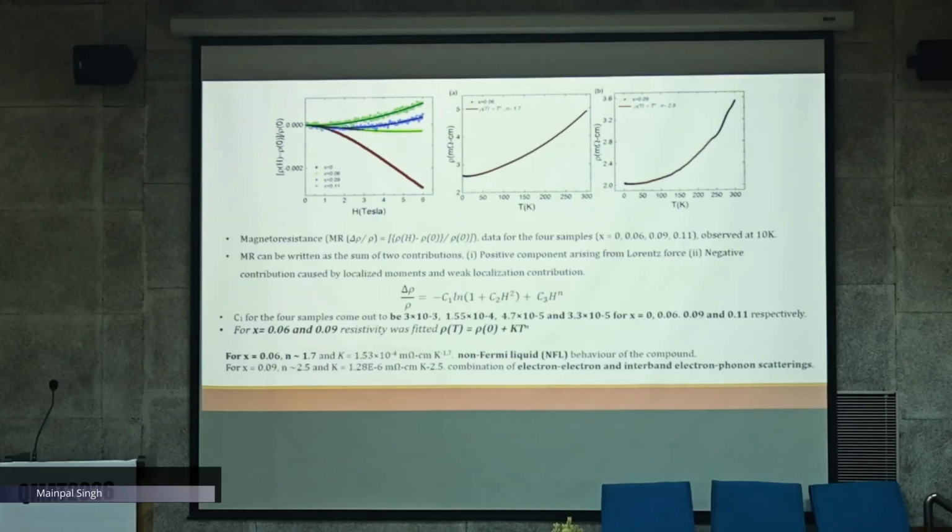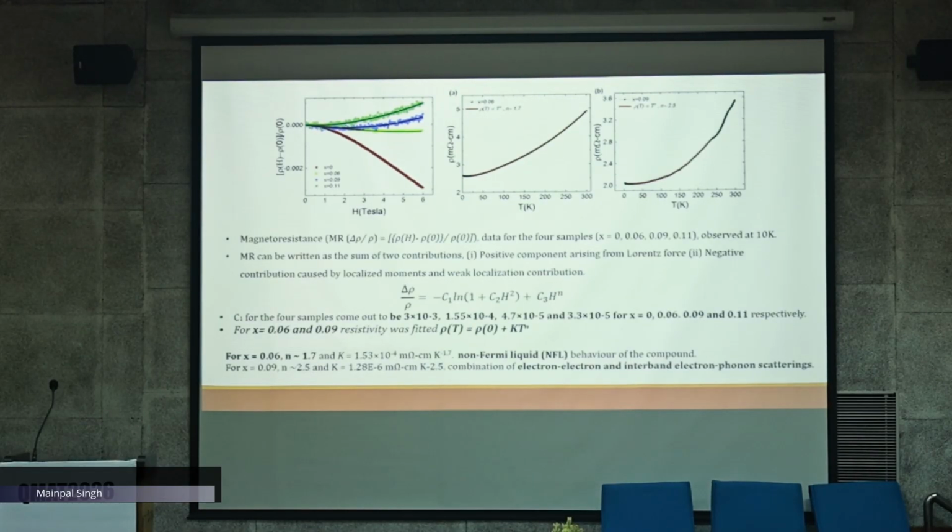To confirm whether the copper intercalation or the copper doping has suppressed the local moments, we did this magnetoresistance measurement for the 4 samples. We can clearly see in the pristine sample the magnetoresistance remains negative up to the complete 6 Tesla range, and the parabolic behavior suggests that in the pristine sample this negative magnetoresistance is mainly due to the local moments, although there is a competition between weak localization and the localized moments also.